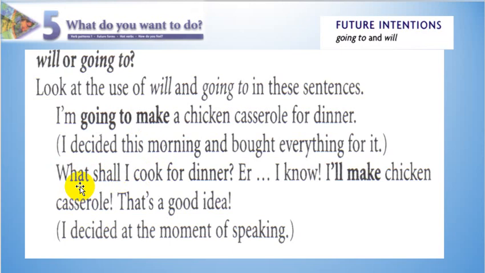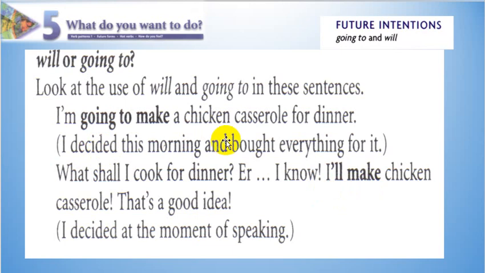بينما في الحالة الثانية, listen, what shall I cook for dinner? I know. I'll make chicken casserole. That's a good idea. I decided at the moment of speaking. Okay. في لحظة الحديث أنا كنت مترددة, ما عندي فكرة شنو اللي سأعمل, فقررت باللحظة إني make a chicken casserole. فاستخدمت will, I will. فأتصور هذا المثال يكون واضح كيف نفرق بين استخدام going to و will.